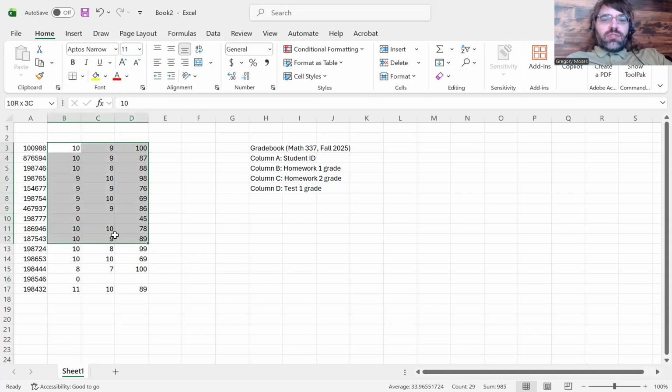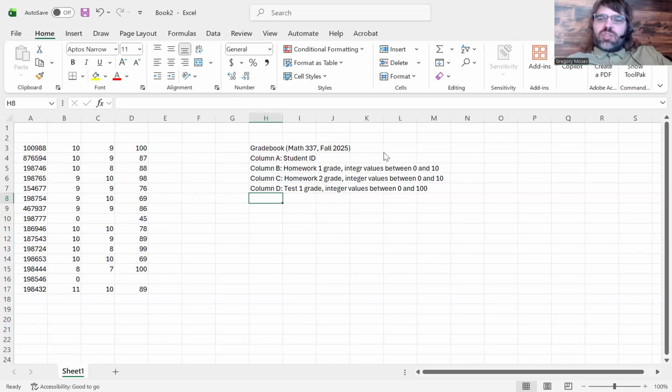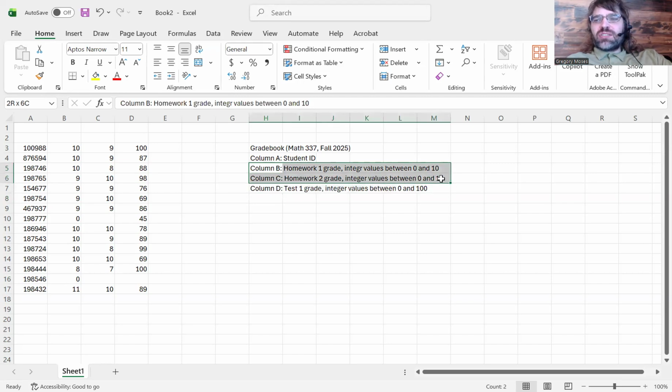You see, these numbers mostly between 0 and 10, and these numbers mostly between 0 and 10, and these numbers, which all seem to be less than or equal to 100. Suppose I gave you more information, that the 2 homework assignments are graded out of 10 points, and that the test is graded out of 100 points.